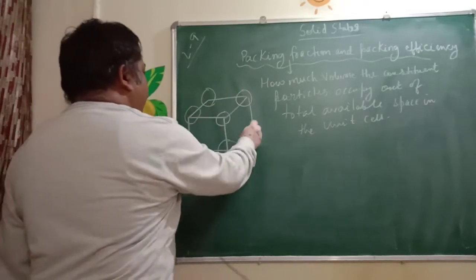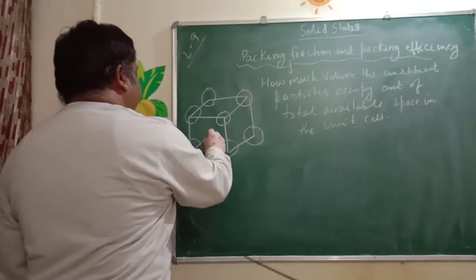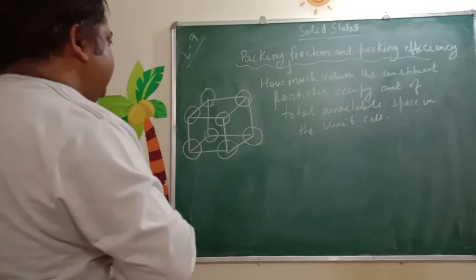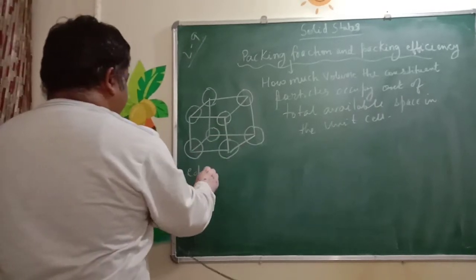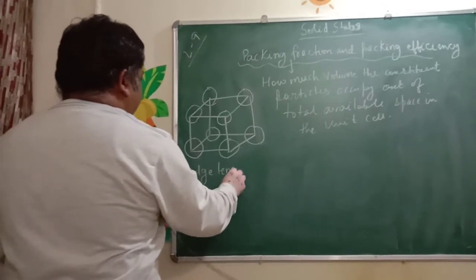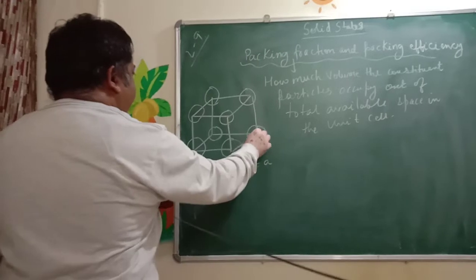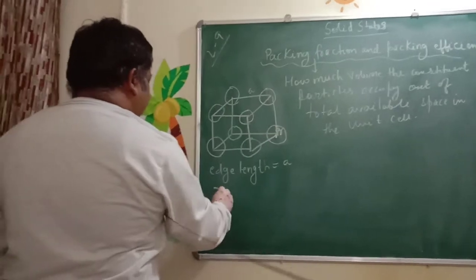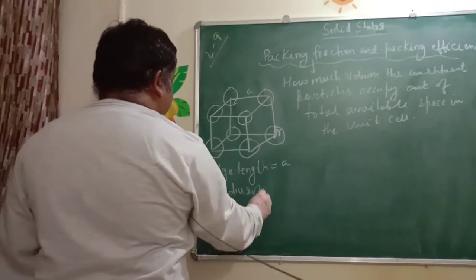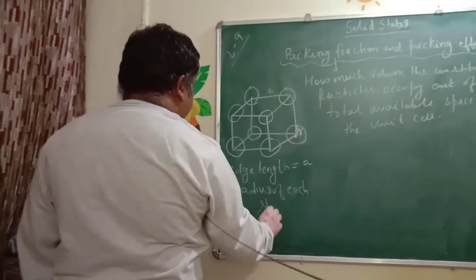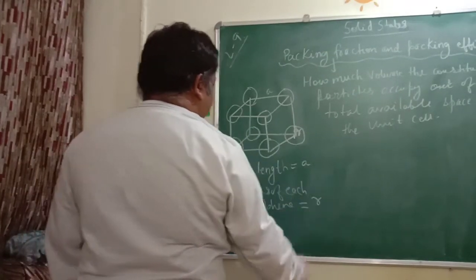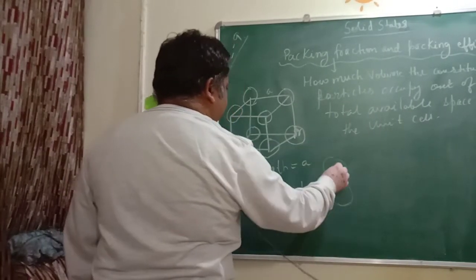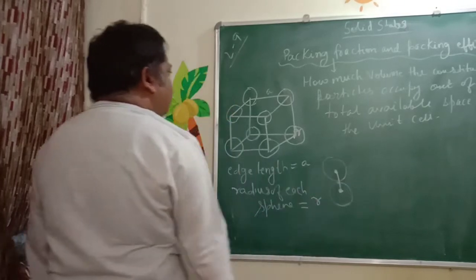To make the diagram simple, we are not joining these spheres, otherwise these spheres are all cubic close packed and touching each other. They are in touch with each other, such that if the edge length is a and the radius of each sphere is r, then since they are in touch with each other, 2r will be equal to a.